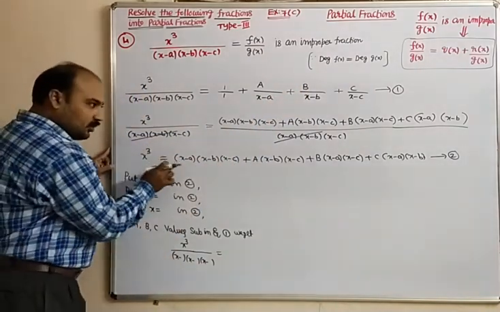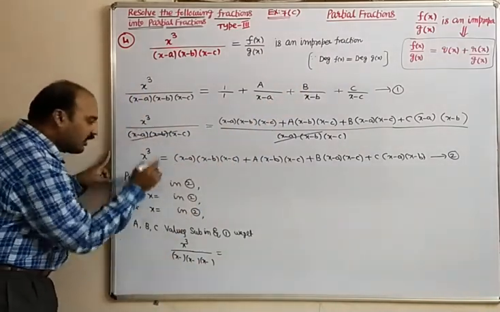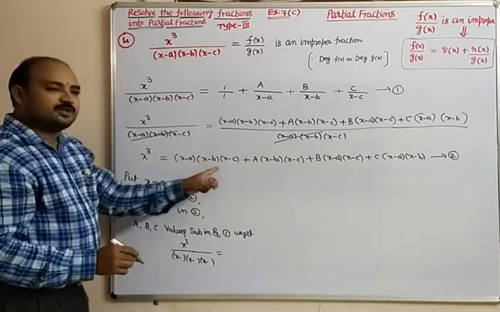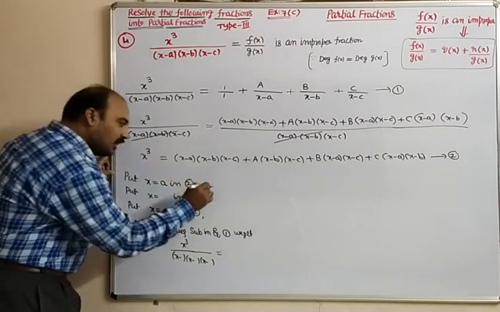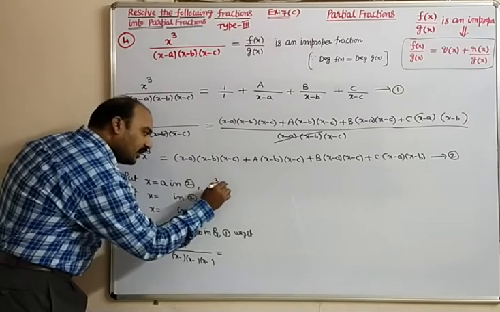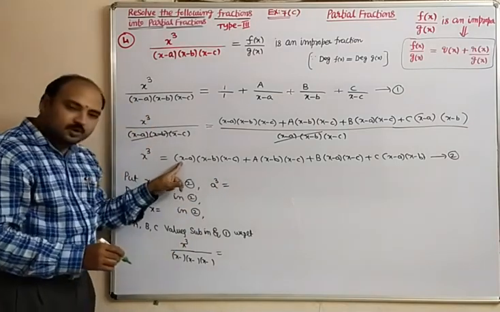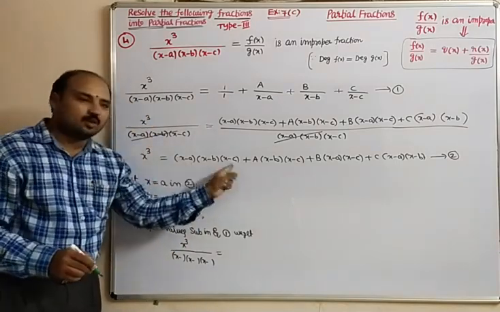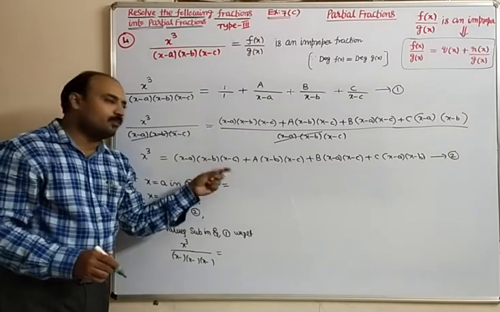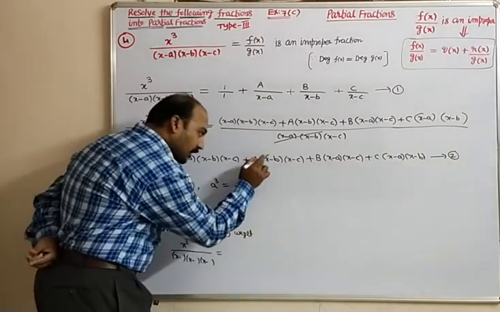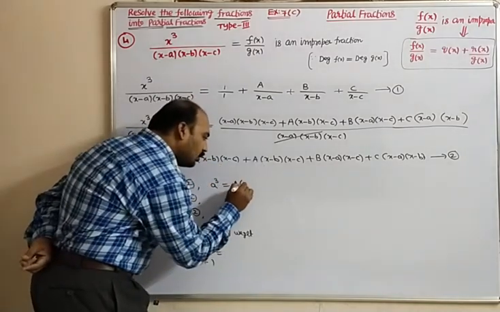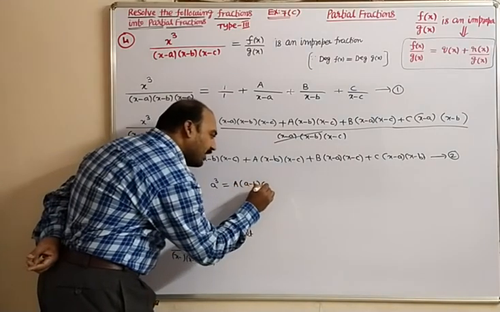Now, in equation 2, put x equal to a. That means a cube will come: a cube equals, if you substitute x equal to a, here a minus a is 0, and 0 times anything is 0. This term totally becomes 0. Substituting x equal to a, we get capital A into (a minus b)(a minus c).